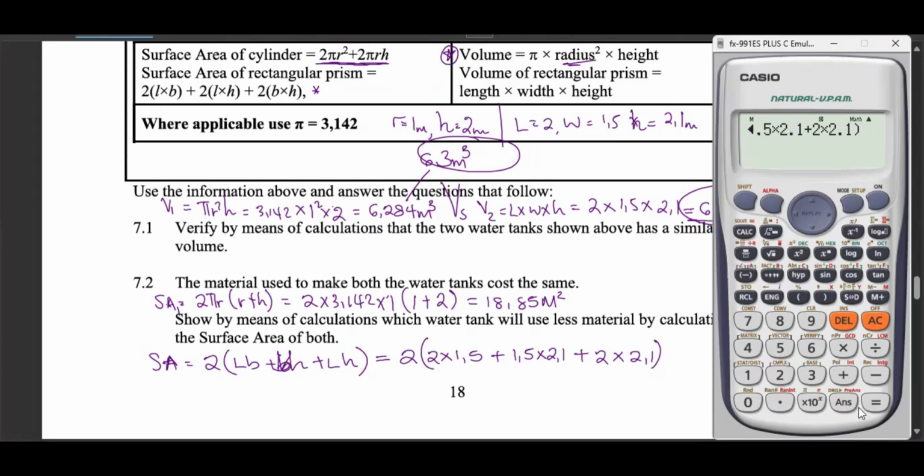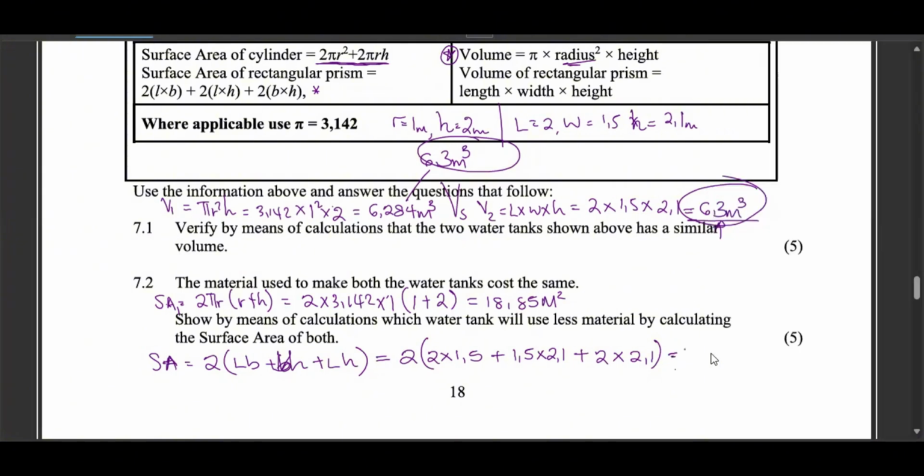You close your bracket and you get the answer. The answer becomes 20,7 meters squared.